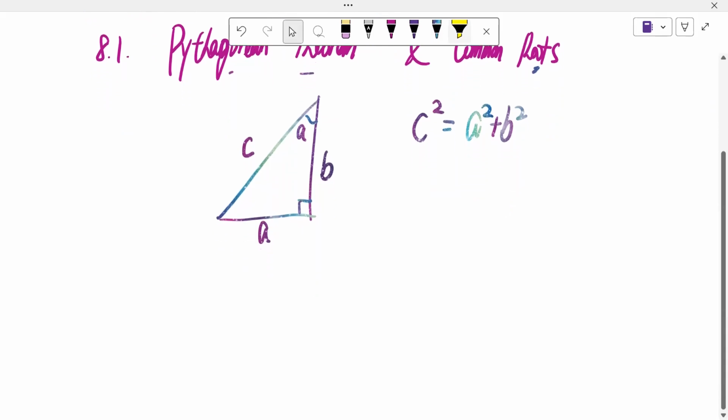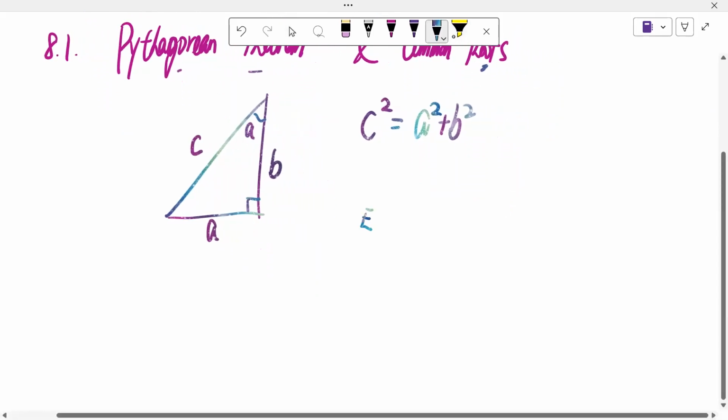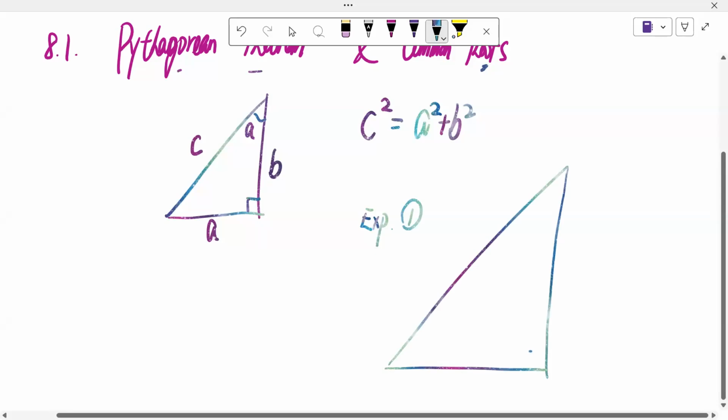I'm going to show you an example. You'll see how this goes, right? Let's say example 1. Say a right triangle here, and we know this is 6 feet and this is 8 feet.